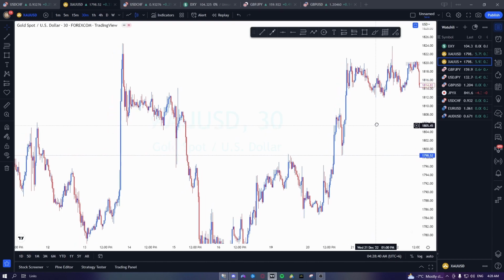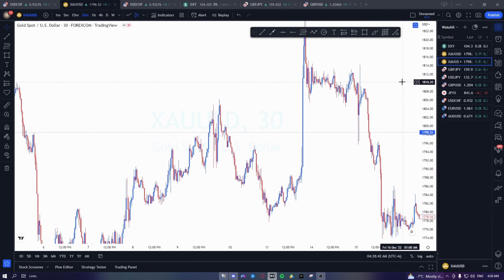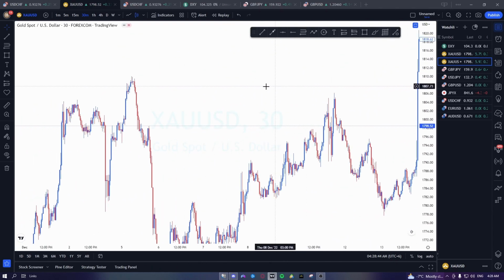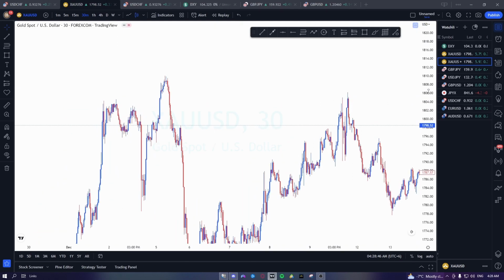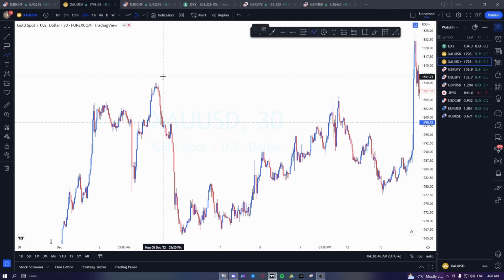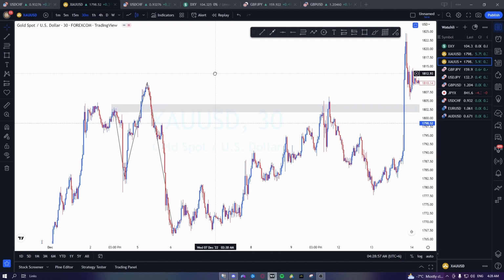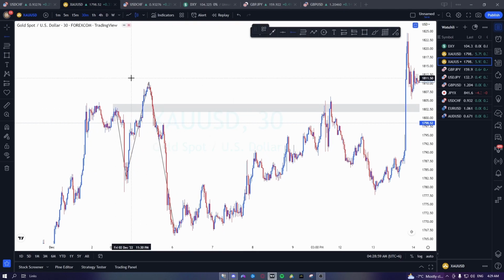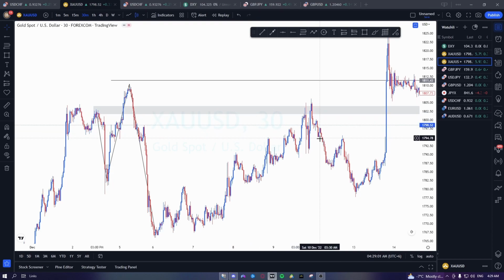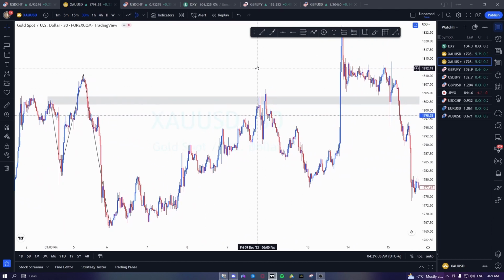Now another QM level, this one is very clear actually. High, low, higher high, lower low. There you go, that's your QM level. Tops above here, perfectly wicked. That's for sells.